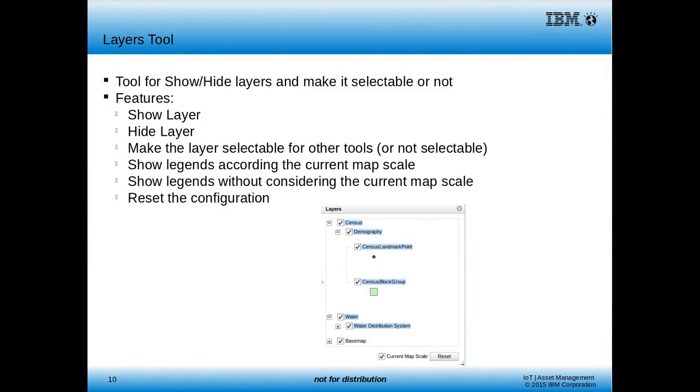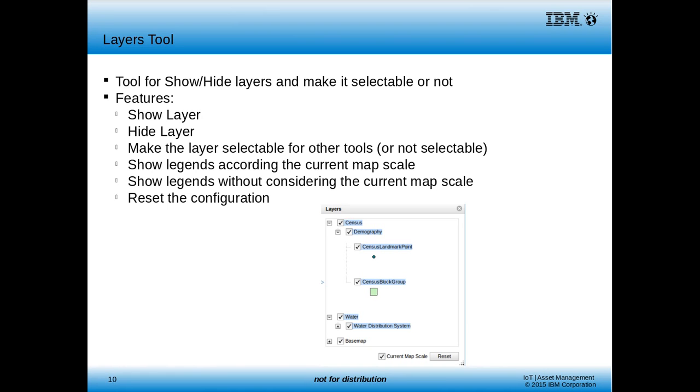The next tool is layer tools. With this tool you can show or hide layers and also make them selectable or not. Making a layer selectable or not means that this layer will be considered for other tools.